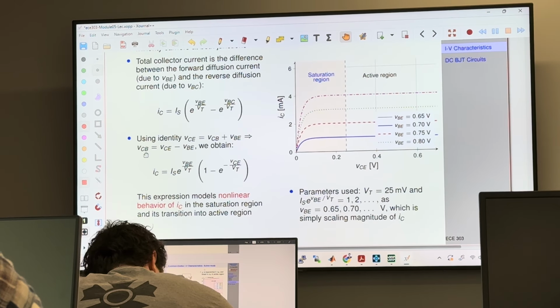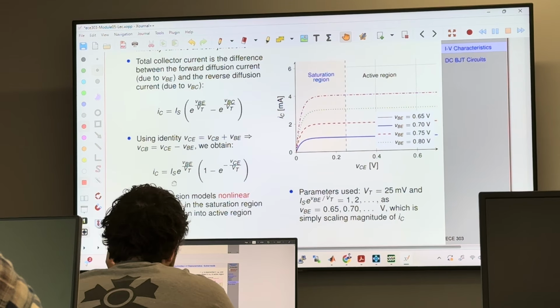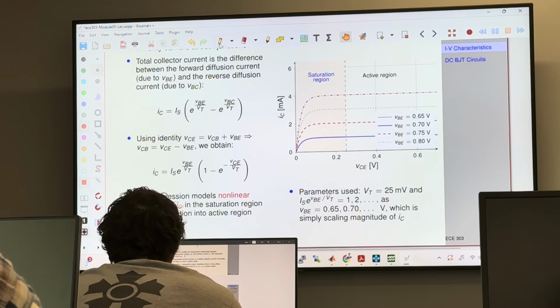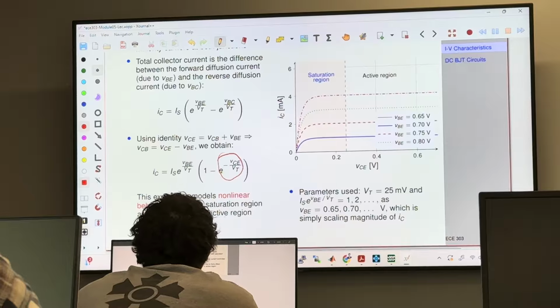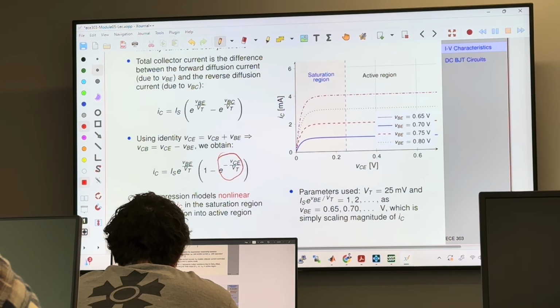And VCB is VCE minus VBE. If you substitute, you can actually bring this part out. And this exponential curve is coming due to this one. This expression models nonlinear behavior of IC, and it is due to this part of this equation.